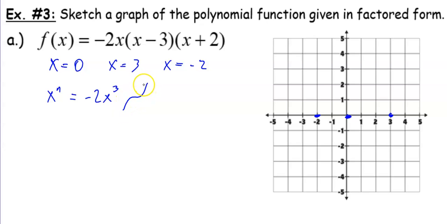Normally, x to the third looks like that. But because a is negative, we're not going to go that way. We're going to go like this.